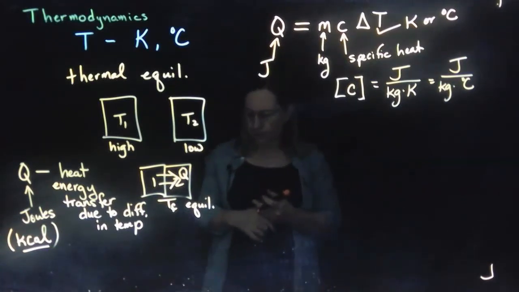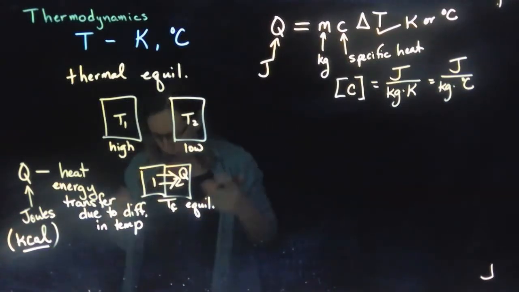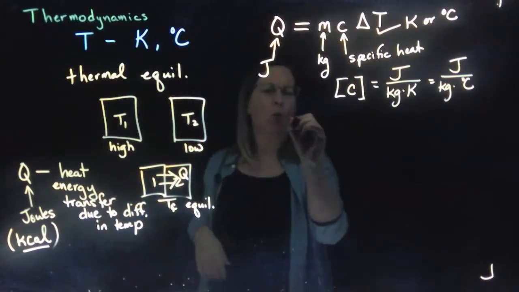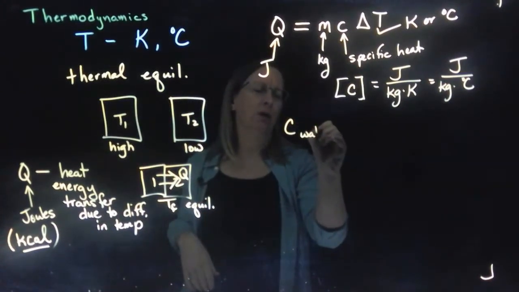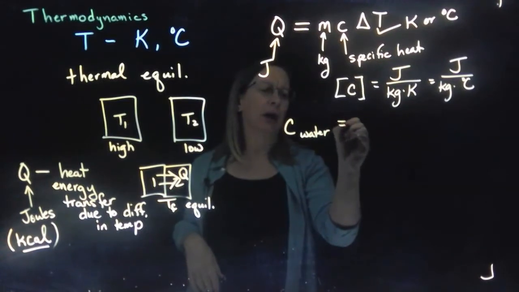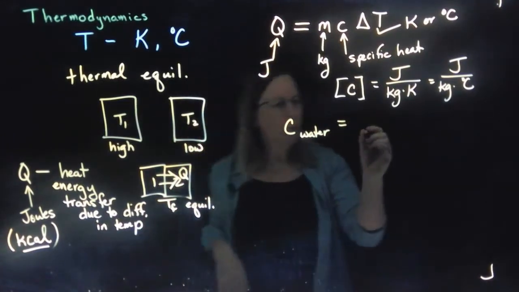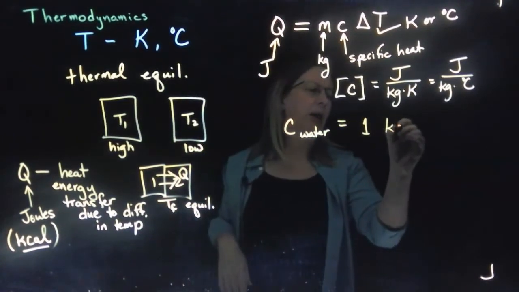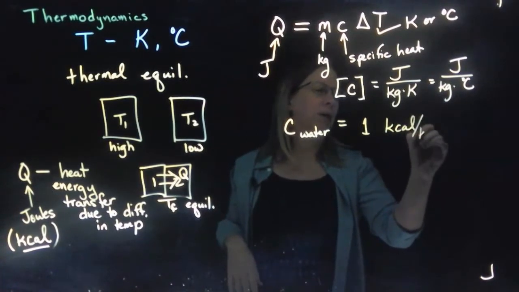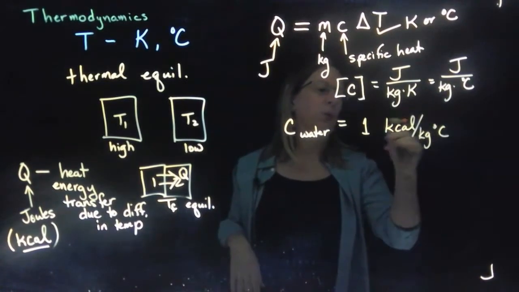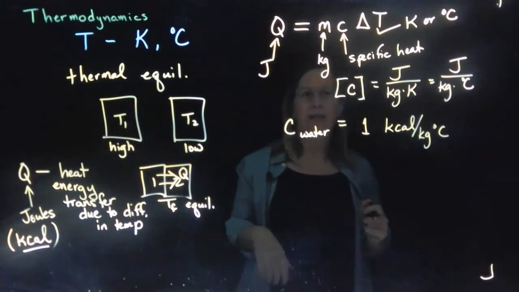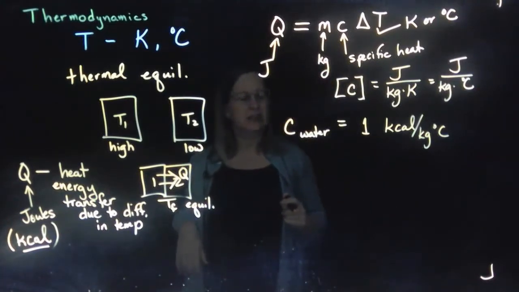Okay, just for numbers, the specific heat of water, you may be used to seeing as 1 kilocalorie per kilogram degree Celsius, or 1 calorie per gram, if you've seen this in chemistry.